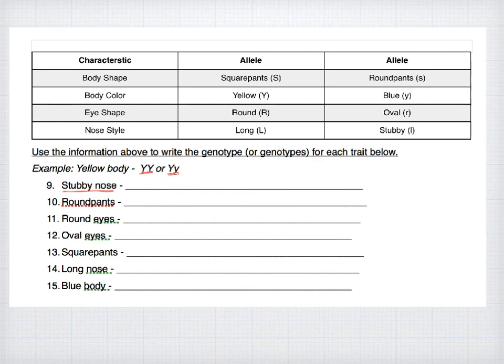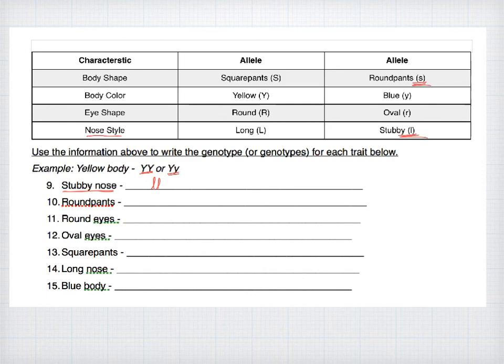Number 9, stubby nose. So we look at nose style. Stubby is the recessive trait. So the only way the genotype can give stubby nose is if it's little l, little l. Okay? Round pants. Round pants is recessive to square pants, right?